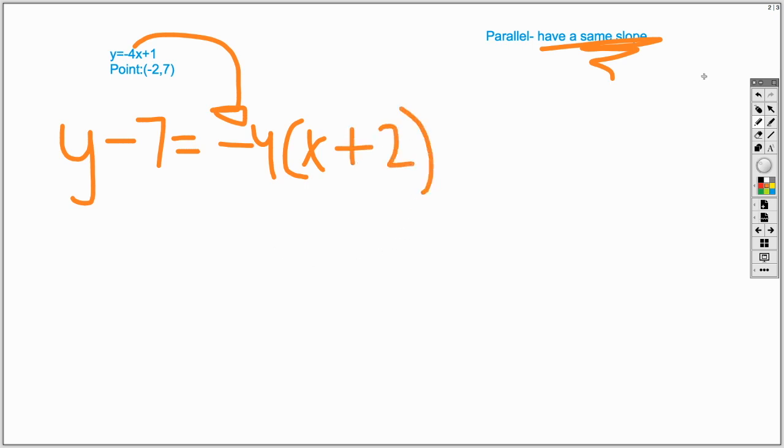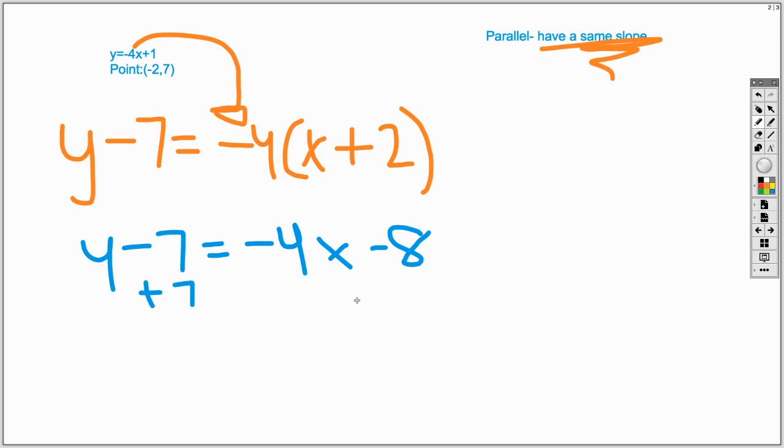So that would be your equation, and then you just solve it like you would solve it with point slope. So that would be y minus 7 equals negative 4x minus 8, plus 7, plus 7. And you would get y equals negative 4x minus 1.